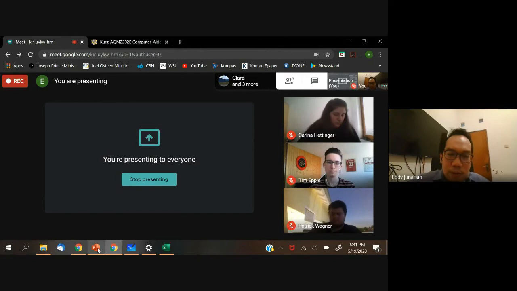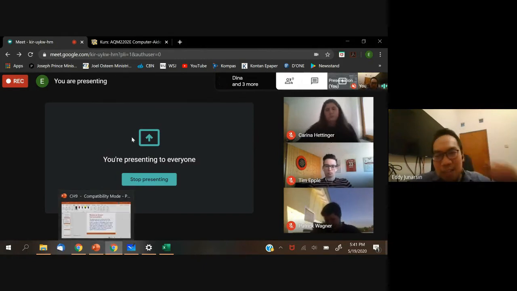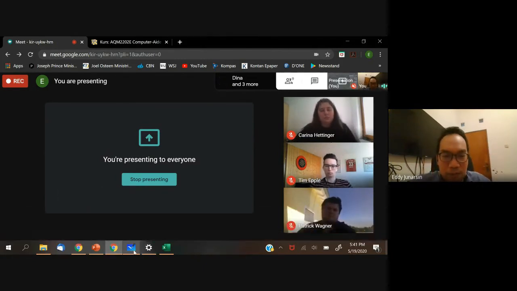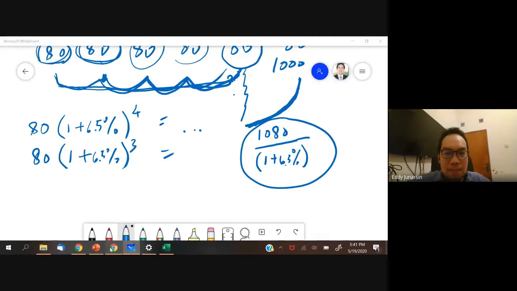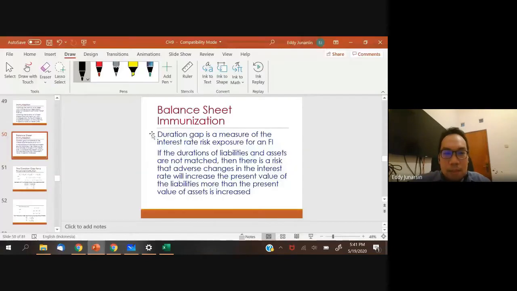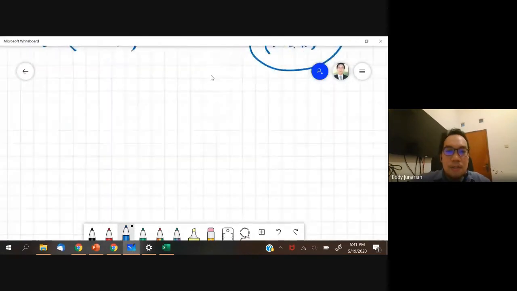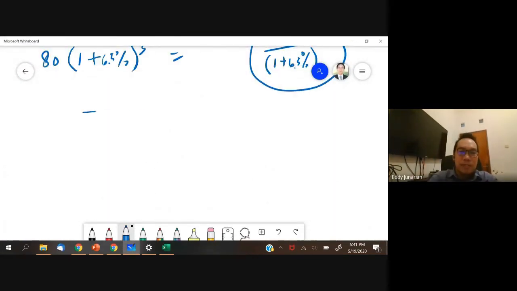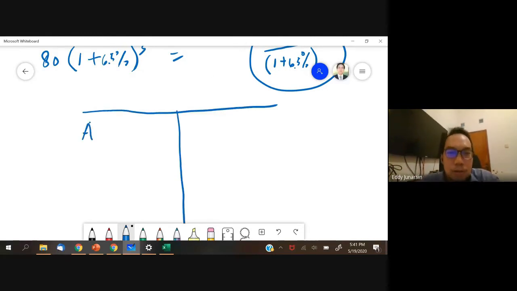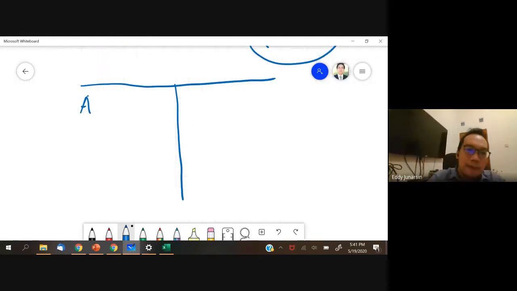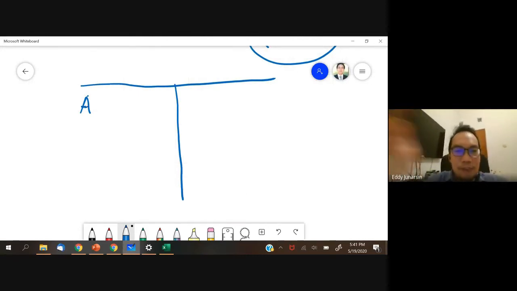So this is very complicated in real life because now you need the market value of your balance sheet, right? The market value of your balance sheet. Okay, so let's imagine we have a balance sheet. For our assets, we have a lot of items, maybe hundreds or even thousands of items.